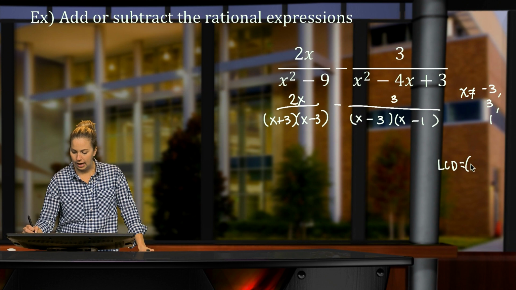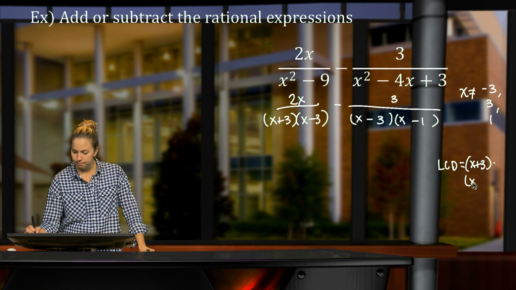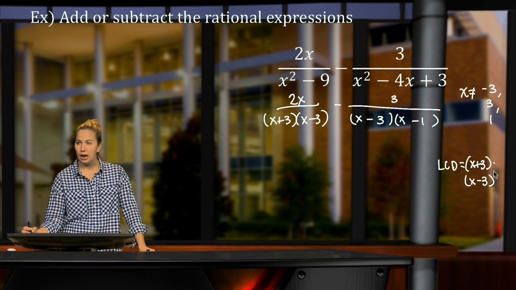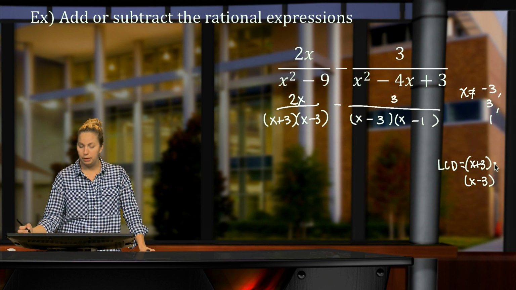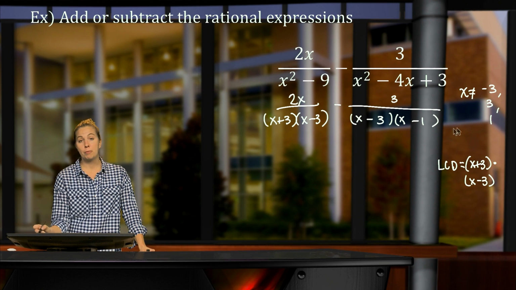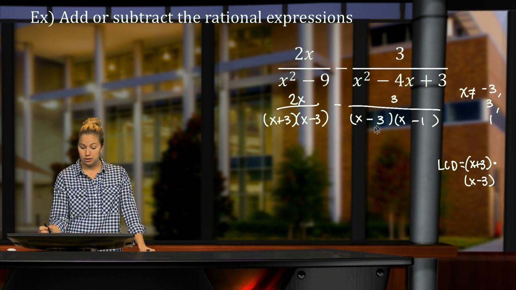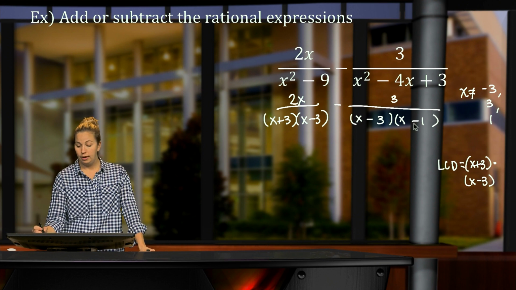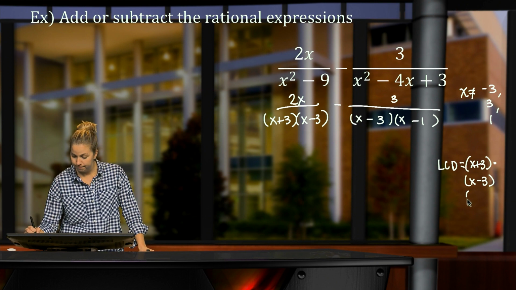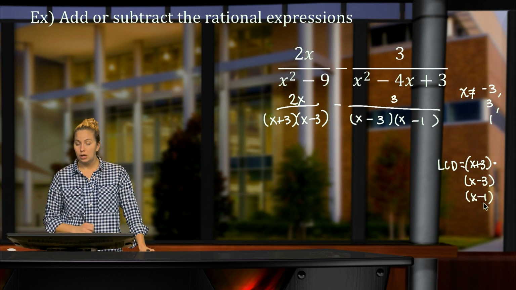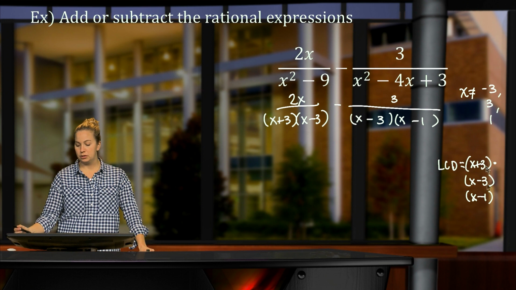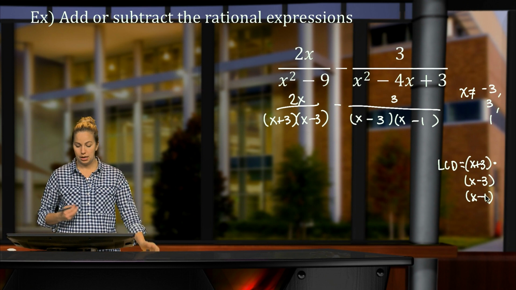So our LCD is going to have a factor of x plus 3, x minus 3, and because I'm running out of room, I'm stacking this vertically, but they're all being multiplied. From our second denominator, I need a factor of x minus 3, which I already have, and I need a factor of x minus 1. So our LCD is the product x plus 3 times x minus 3 times x minus 1.